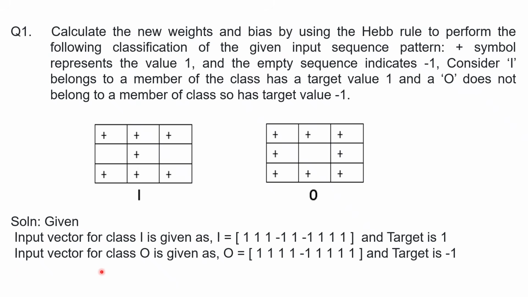Similarly, the input vector for class O can be given as 1, 1, 1, 1, minus 1, 1, 1, 1, 1. The target for class I is given as 1 and target for class O is given as minus 1.